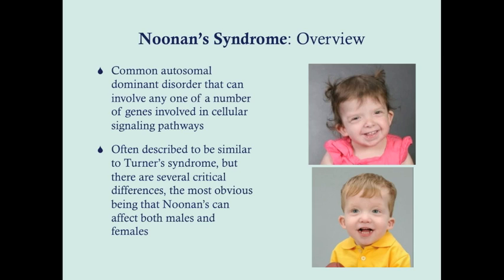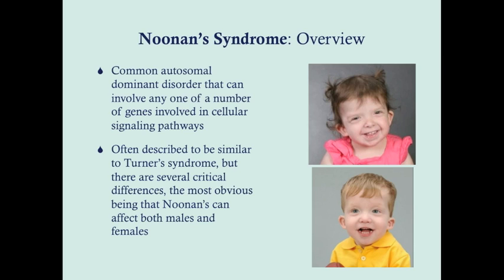So Noonan syndrome is a common autosomal dominant disorder that can involve any one of a number of genes involved in cellular signaling pathways, typically the RAS-MAPK pathway, mitogen activated protein kinase. So anyhow, this can be found in a number of genes.